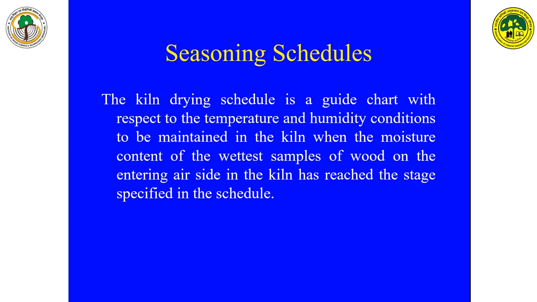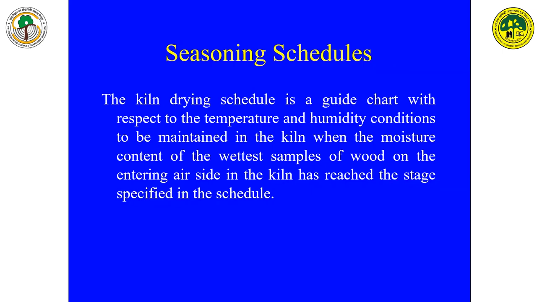Then these seven seasoning schedules, I will repeat, seven seasoning schedules, have been developed for Indian timbers, and almost all timber can be seasoned by using either of these schedules. Schedules 1 and 2 are very fast, meaning woods meant to be seasoned using schedule 1 and 2 will take a maximum of 5 to 7 days inside the kiln to season to a desirable moisture content.